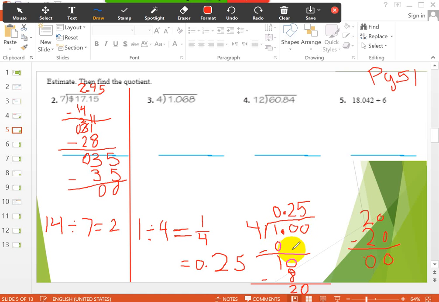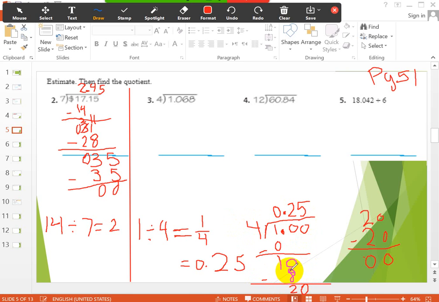But before I take it next to the 1, I have to put the decimal point in the quotient, up over the decimal point in the dividend. Then I will take the 0 in the tenths digit and put it next to the 1, so it will be 10. Now I can divide 10 by 4. Yes, I can.